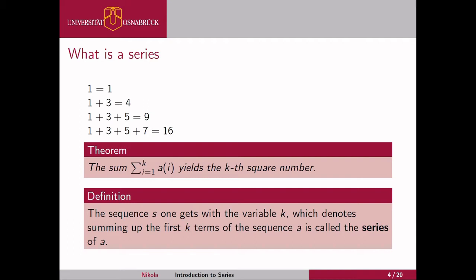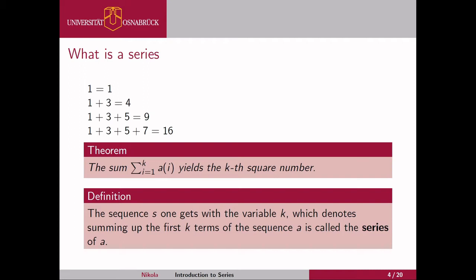And well, if you look at the results on the right hand side, a suspicion should find its way into your mind. So you see, when we sum up all the odd numbers, we get an ordered sequence of all the square numbers. This seems somehow odd, doesn't it?